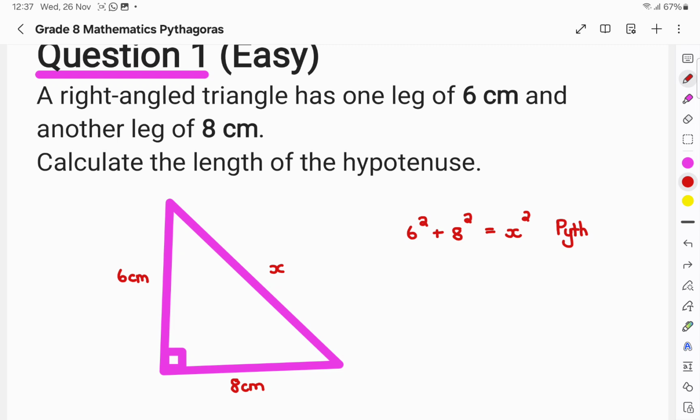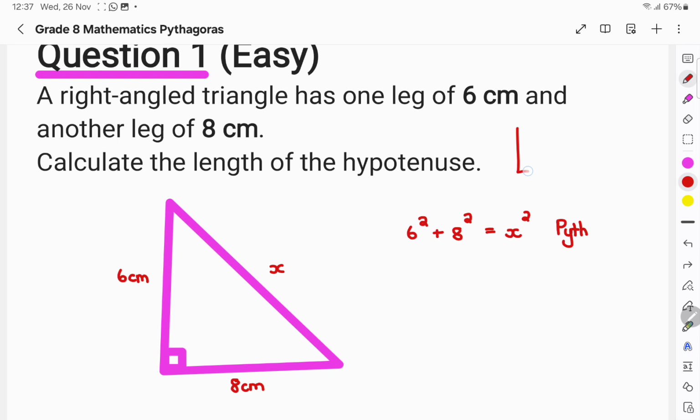So what that means is that the value here for x is going to be a positive integer, it won't be zero, so let's call it a natural number. No decimals are involved, and those are the ones that we call the Pythagorean triplets, and I'm sure that you've come across some of them.